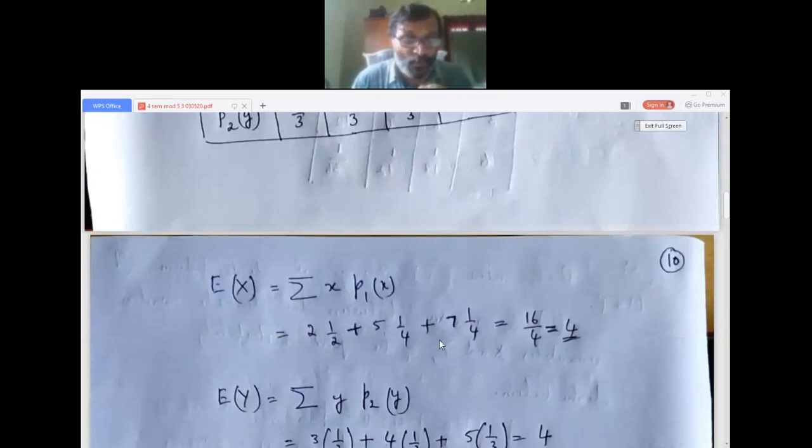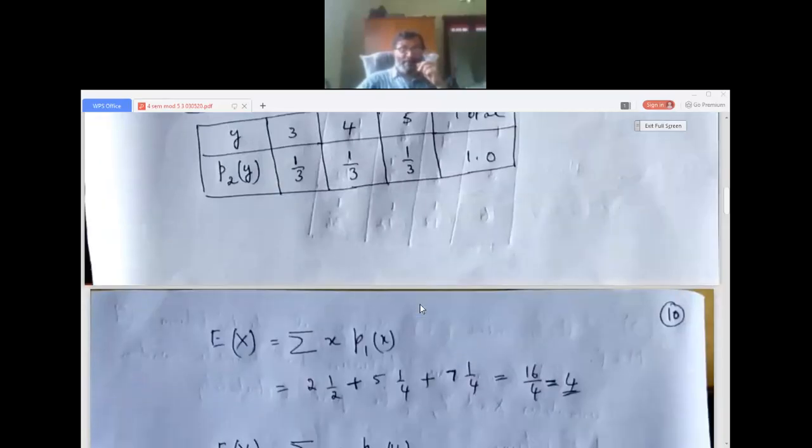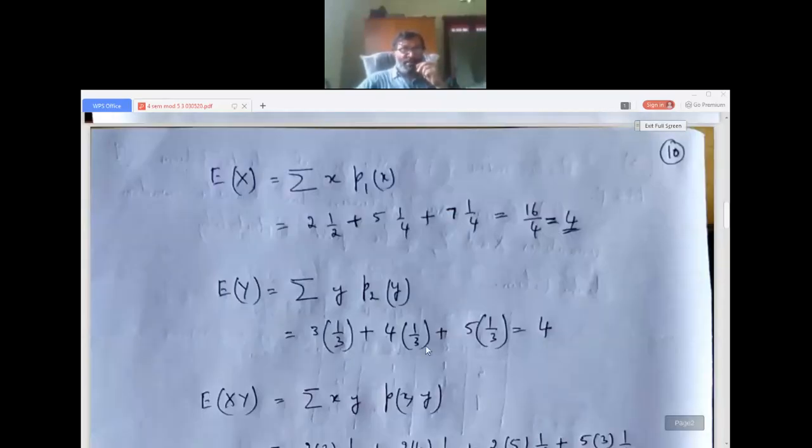E of y is sigma y into P2 of y, that is 3 into 1 by 3 plus 4 into 1 by 3 plus 5 into 1 by 3. A very simple calculation: 3 plus 4 is 7, 7 plus 5 is 12, 12 by 3 is 4. So both are the same here anyway.